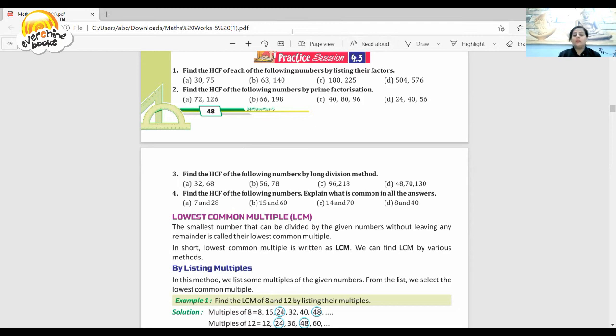So what is common is that they both have the relation of factors and multiples. So here we have completed our exercise 4.3.